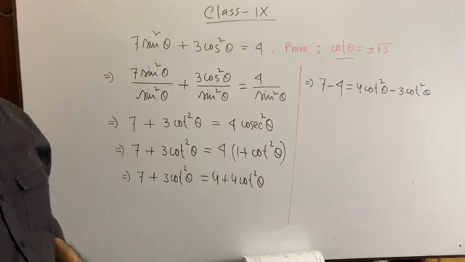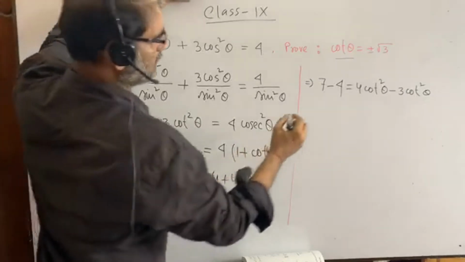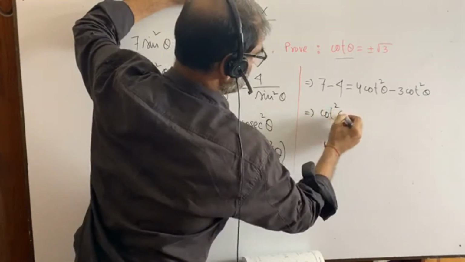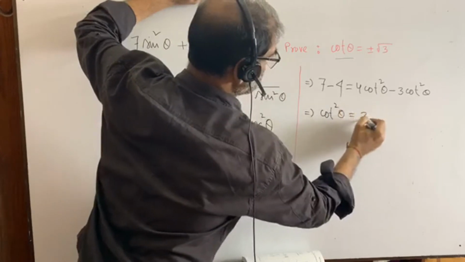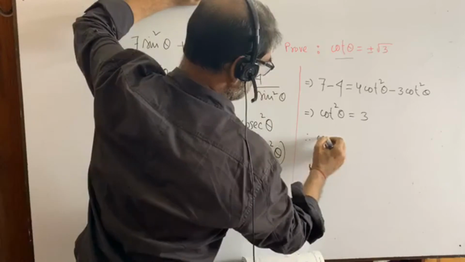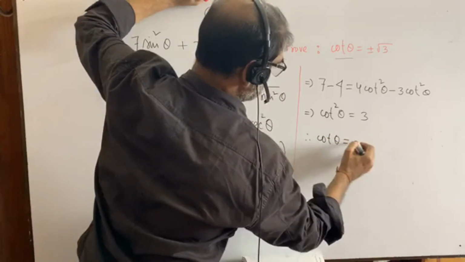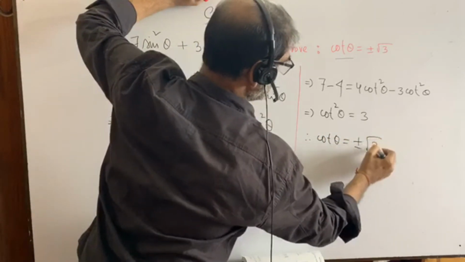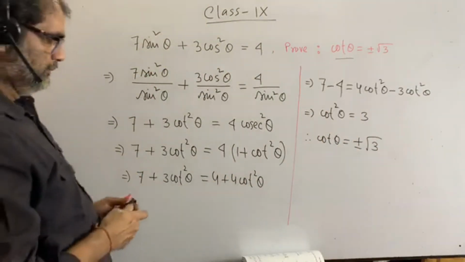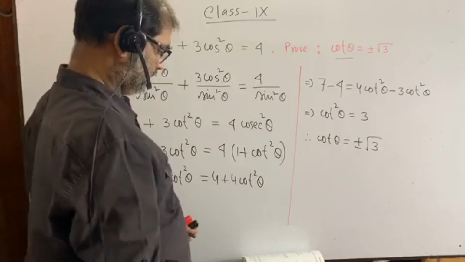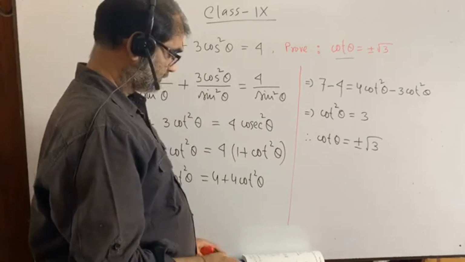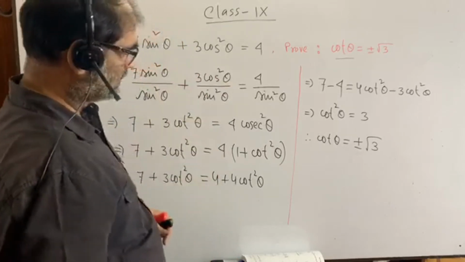Is it okay? Now from here we can write cot square theta is equal to 3. Therefore by square rooting we get cot theta equals plus minus root 3. Please copy this math.